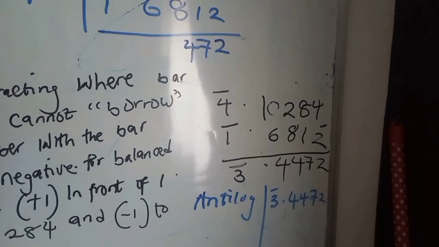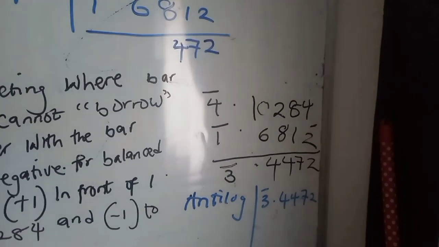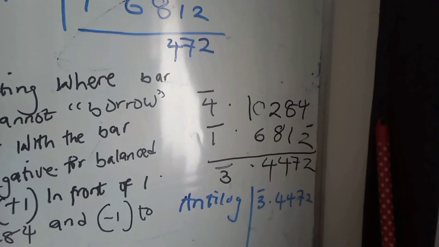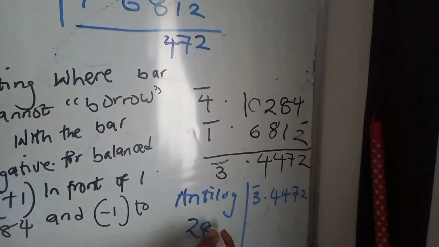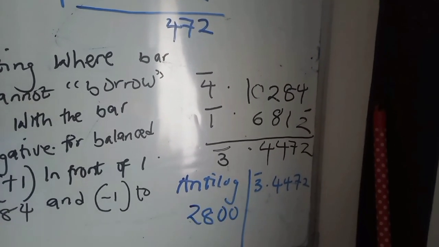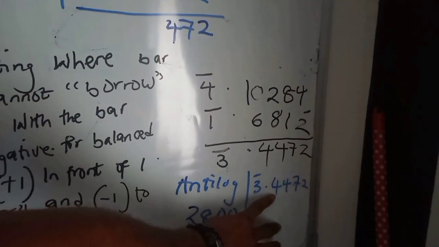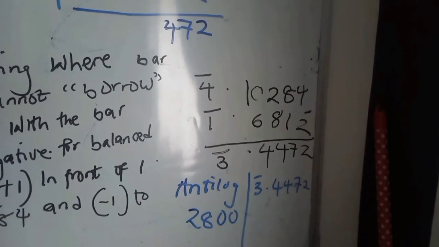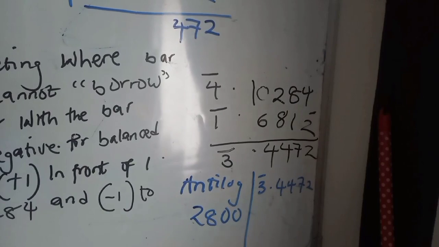So the antilog of bar 3 decimal 4472 gives me 2800.